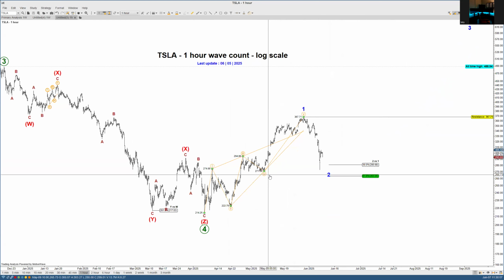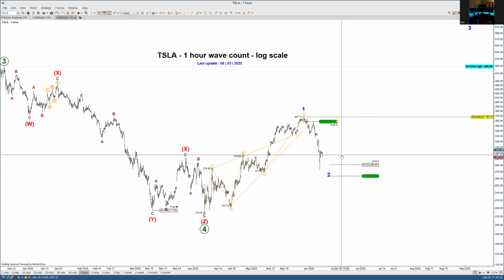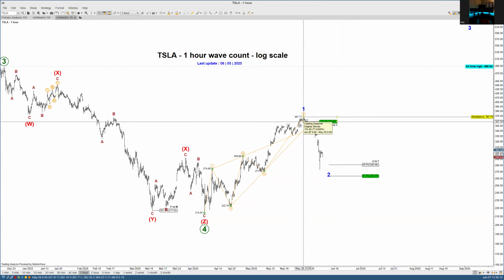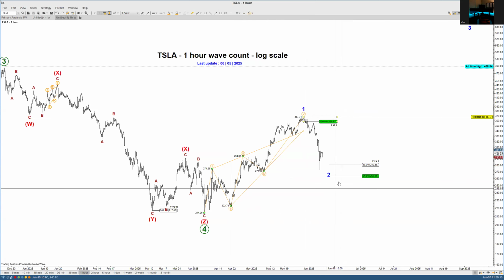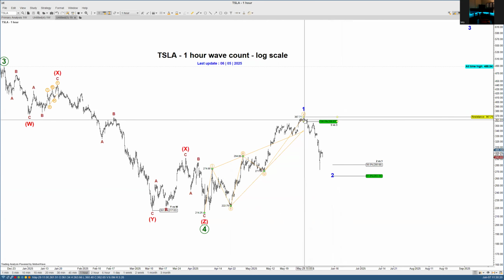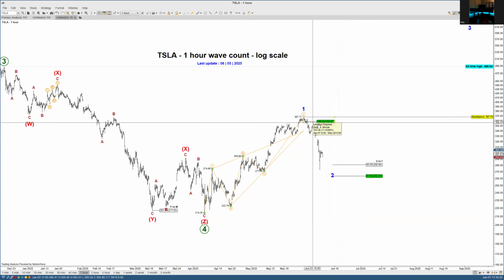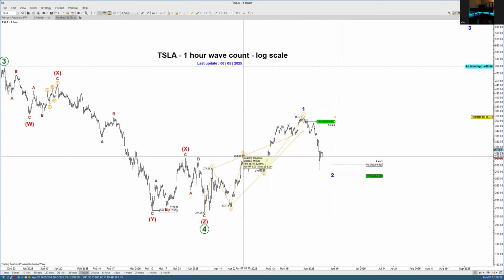People try to tell me about diagonals. The only issue you have here by making a diagonal is this fifth wave is 8 points bigger than 100% compared to wave three.